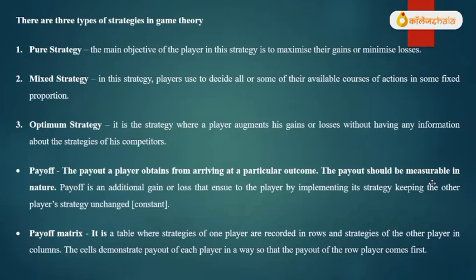Now, optimum strategy. What is optimum strategy? Optimum strategy is the strategy where the player augments his gains or losses without having any information about the strategies of his competitors.